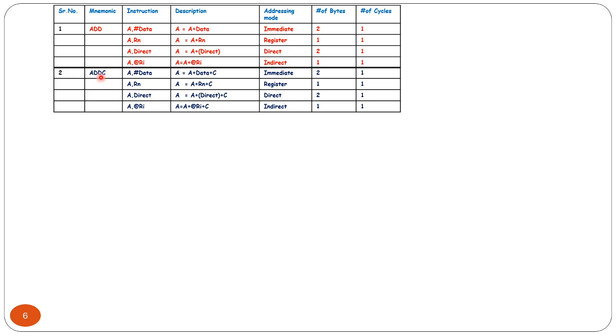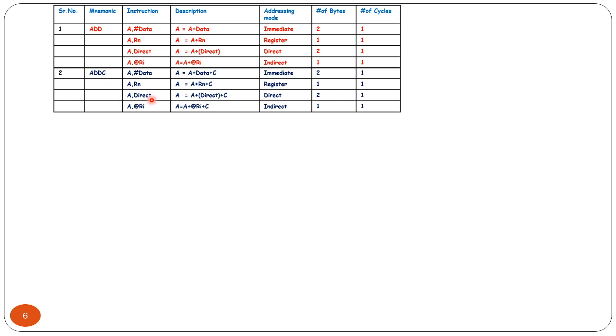Next one is ADDC A, Rn. The content of the CY flag plus the content of the general purpose register Rn is added to the accumulator, and the result is stored in the accumulator register. This is the register addressing instruction, bytes required is 1 and machine cycle is also 1.